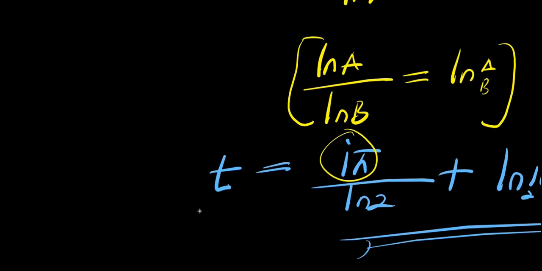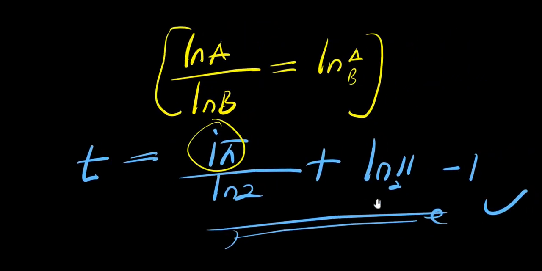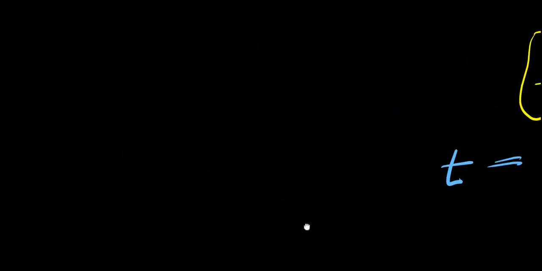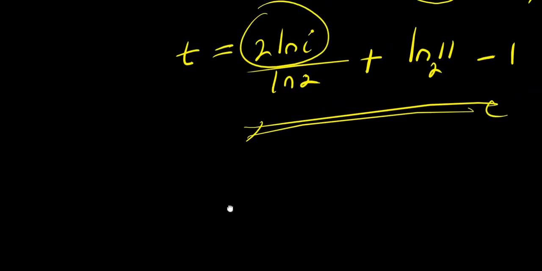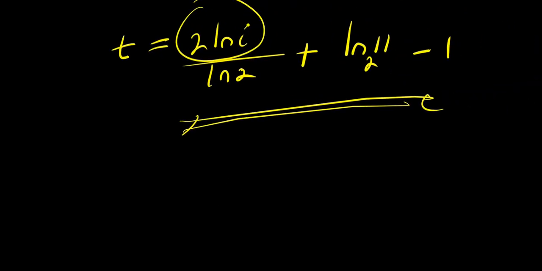So this is i pi divided by ln 2 plus log base 2 of 11 minus 1, while this is 2 times ln i divided by ln 2 plus log base 2 of 11 minus 1. So 2 times ln i is the same as i pi.